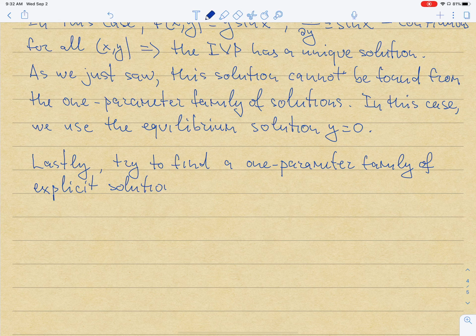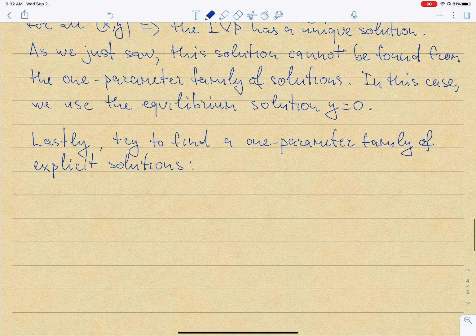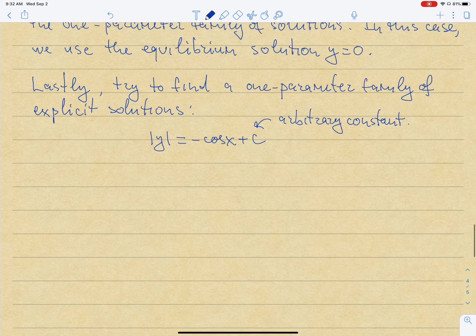So let's go back to the implicit family. So what we have is that absolute value of y is equal to minus cosine of x plus c. So c again is an arbitrary constant. Well, so again, I can try to solve this for y.